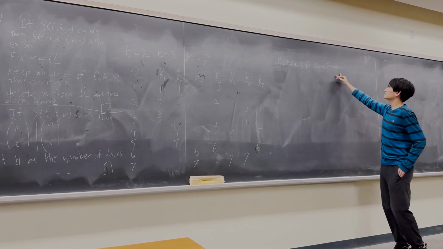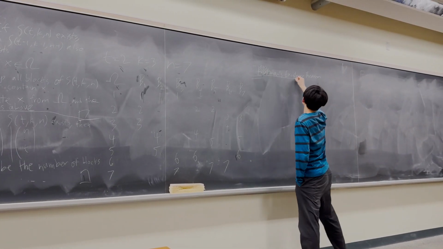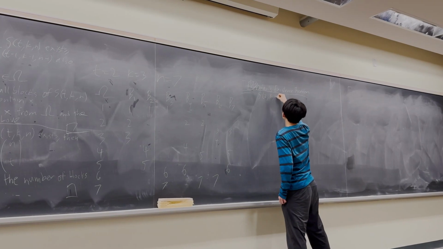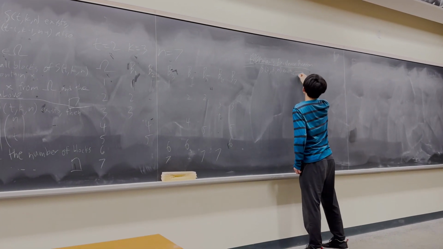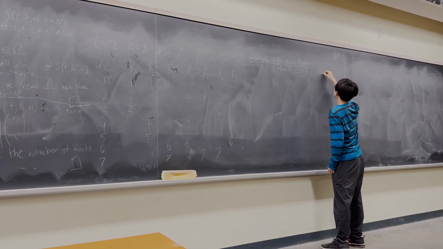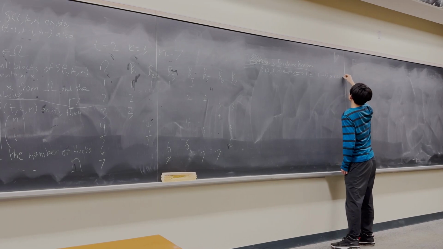What this says is S(2,3,n) exists if and only if n is congruent to 1 mod 6 or n is congruent to 3 mod 6.